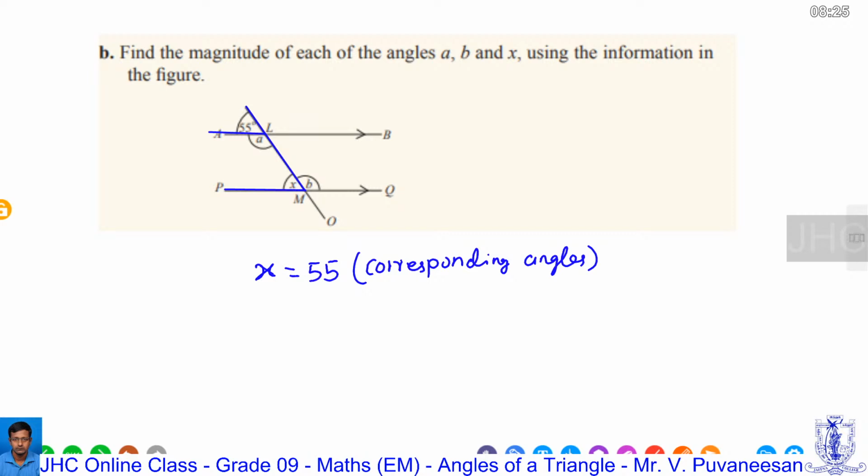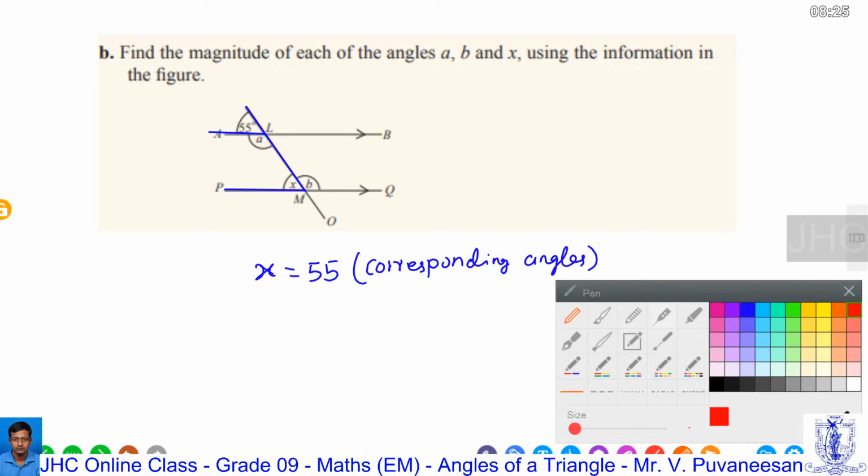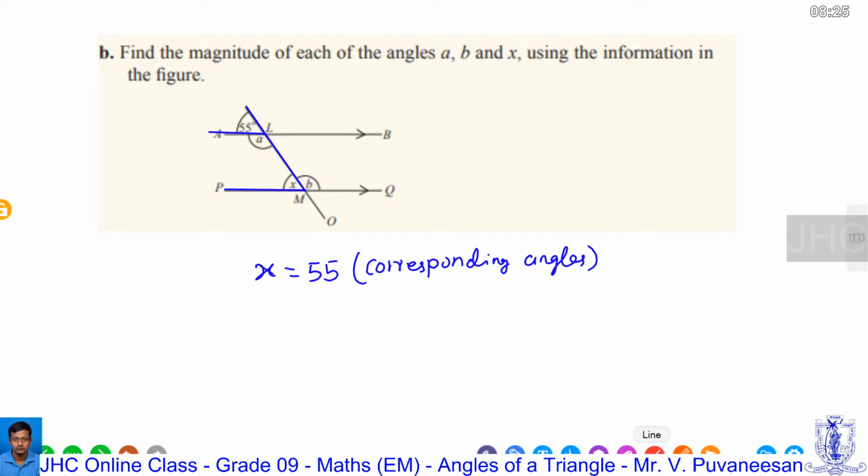Next, we have to find B and X. If we know X is equal to 55, look at this. In the straight line PQ, there are two angles, X and B. So these two angles are on a straight line.